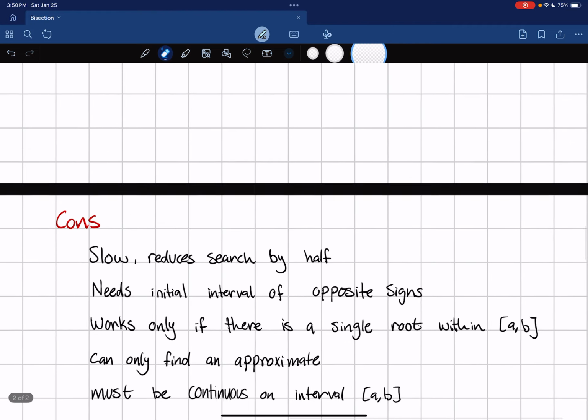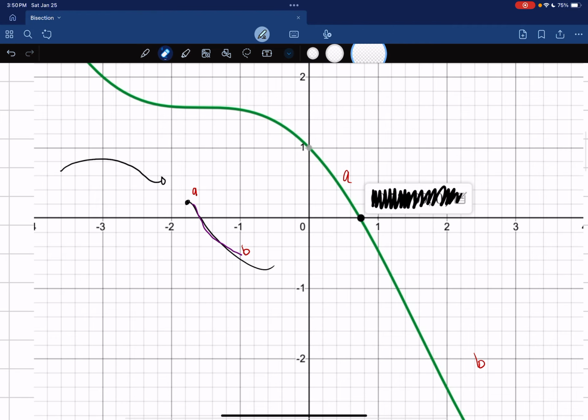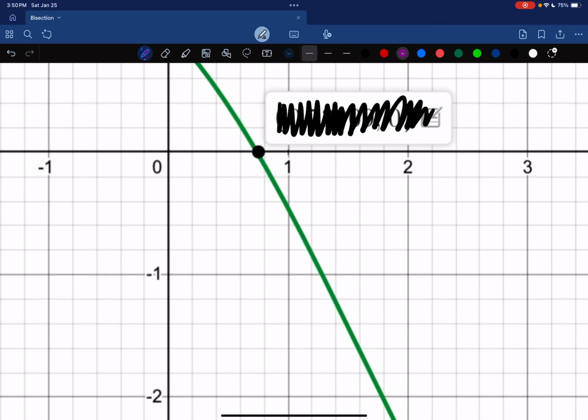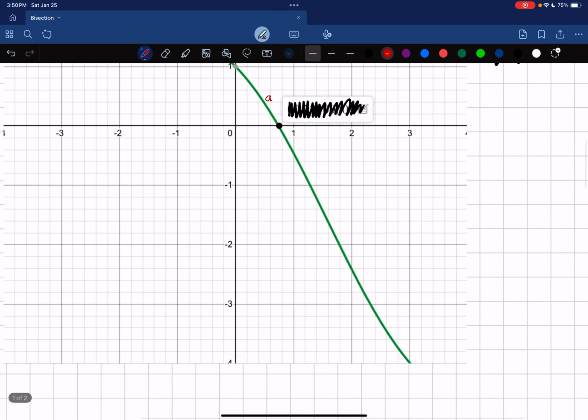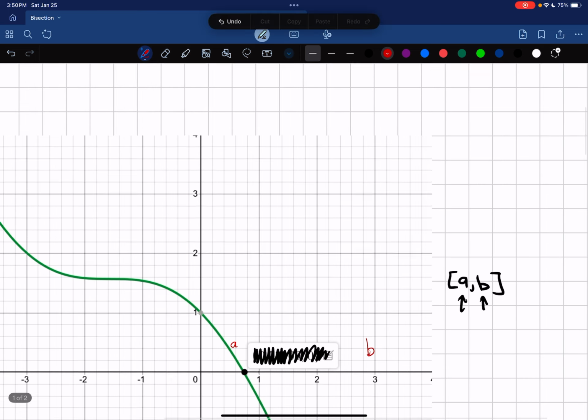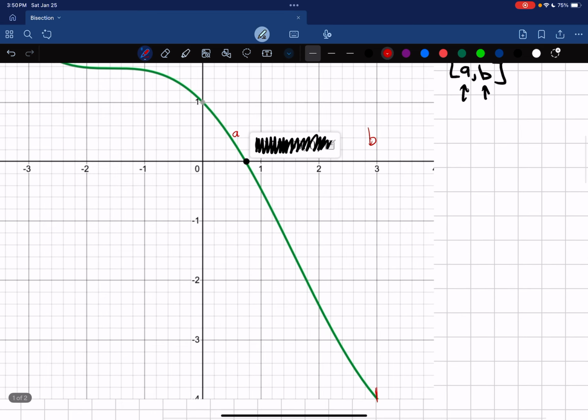Okay, so the way that works is, assume this. Let's use the same example here, but let's say the way I choose my interval is I put A here, and I put B here. So B is going to be down here. Boom. And then I'll draw this as well.